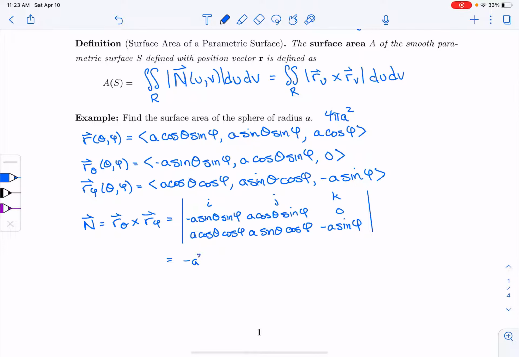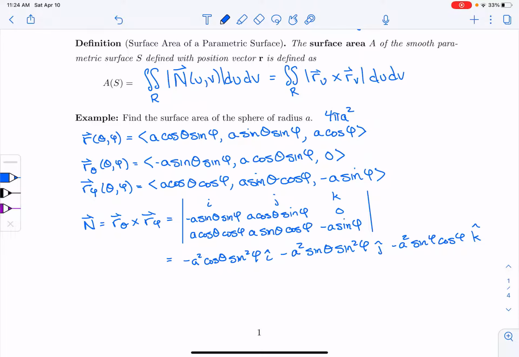minus a squared cosine theta sine squared phi i, and then minus a squared sine theta sine squared phi j, and then minus a squared sine phi cosine phi k.